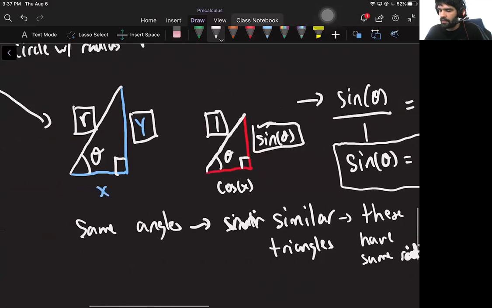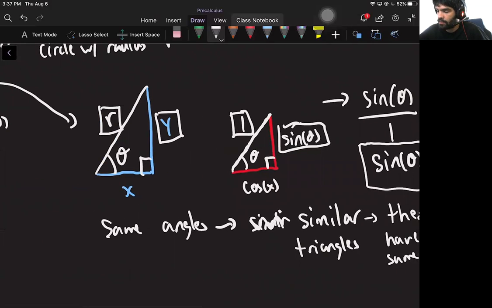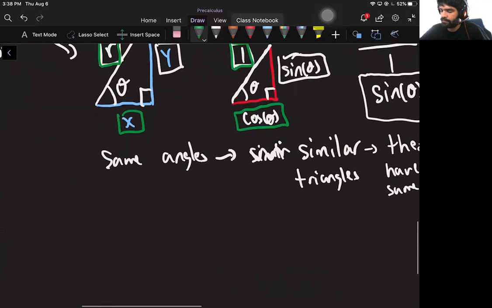And then in a similar way, we can look at the ratios of cosine on this triangle. Oops, why did I put an x in there? That should have been a theta a long time ago. Sorry. Cosine divided by this 1 is equal to x divided by this r. So same idea.